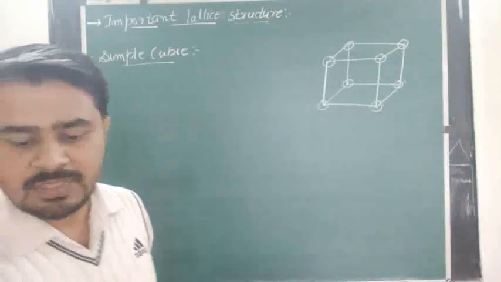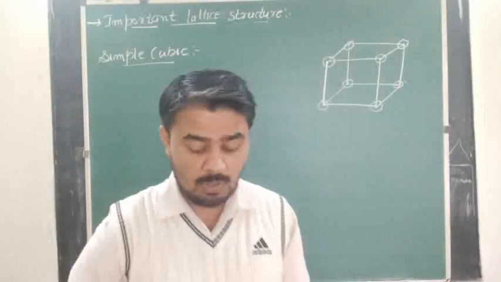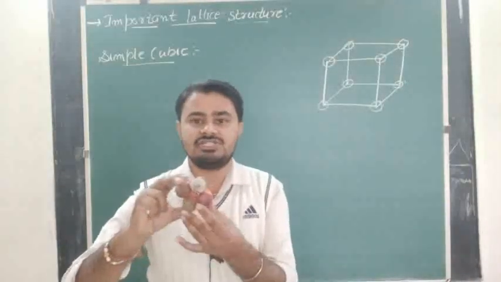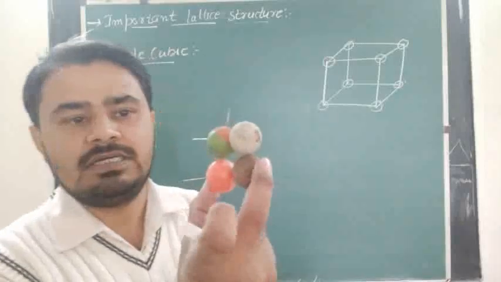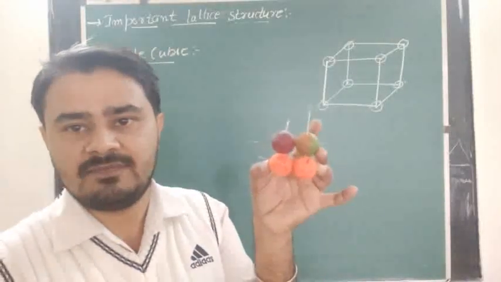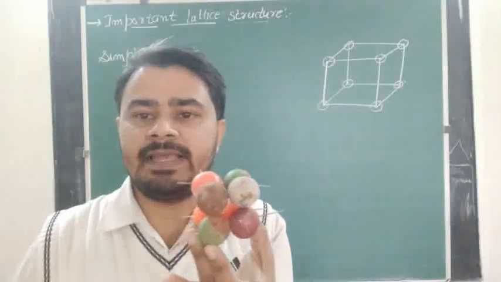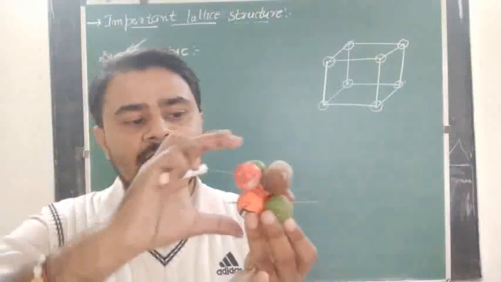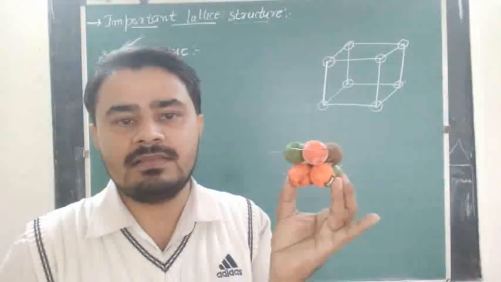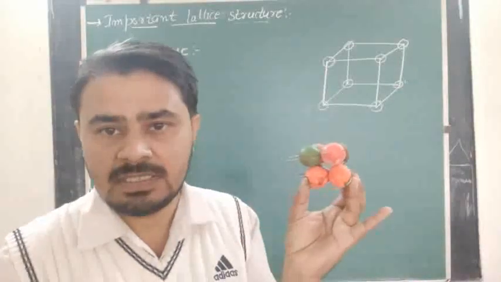This thing you can easily understand with this ball model. Clear? This is the shape of just a layer of atoms. Let us suppose this is another layer of atoms, and when I place one layer of atoms on the other, then you can say this is basically the shape of a unit cell, that is a cubical structure.